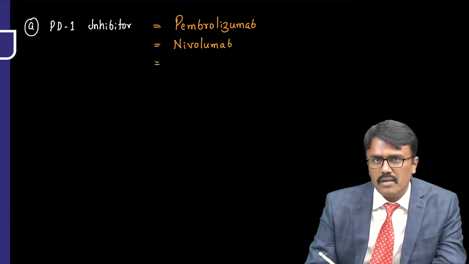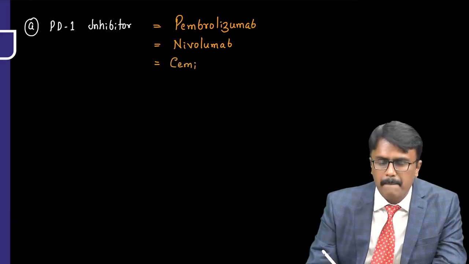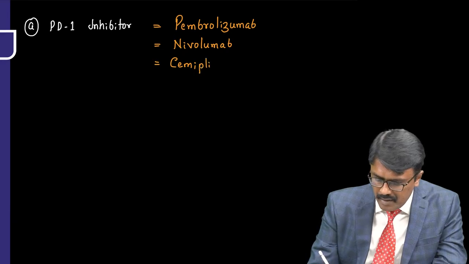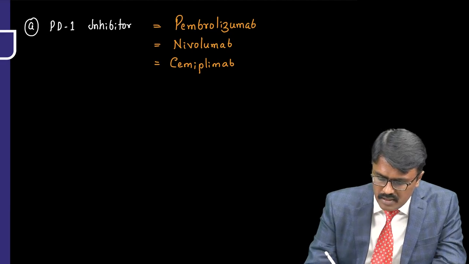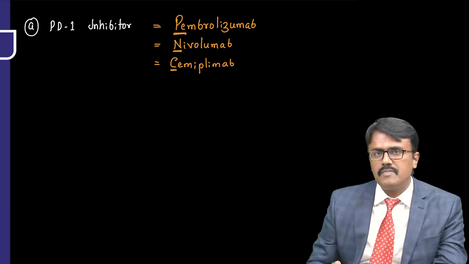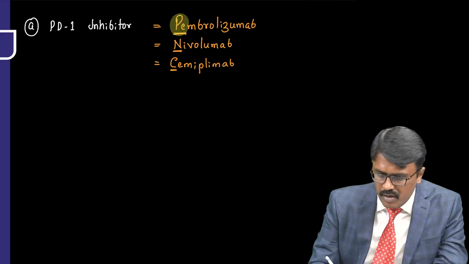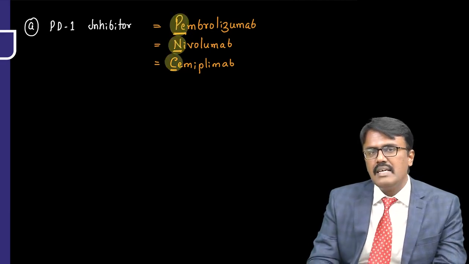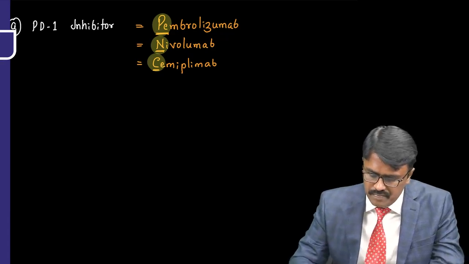Then one more drug, it is called cemiplimab. So these are also called the PENCIL drugs. P for pembrolizumab, N for nivolumab, C for cemiplimab.